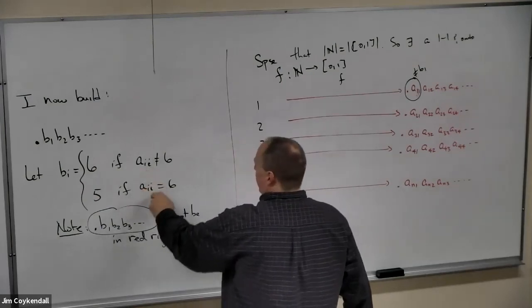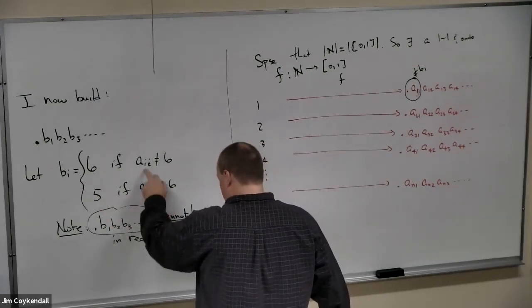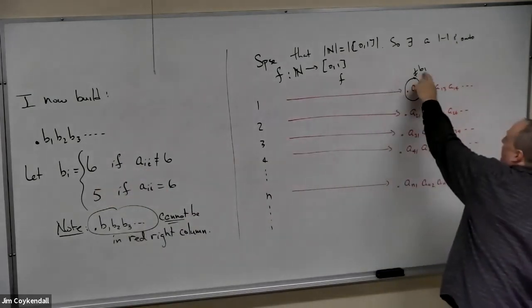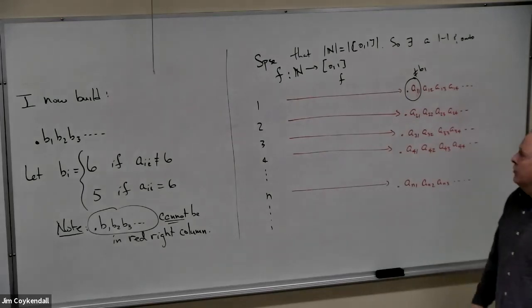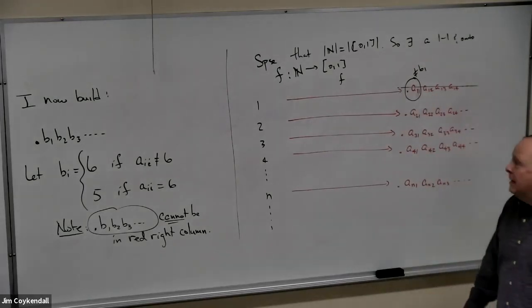If A11 is equal to 6, then B1 is 5, so they don't match. And if it's not equal to 6, then I make the first decimal 6. So in any case, the first decimal doesn't match, so it can't be this one. Okay, maybe it's the second.